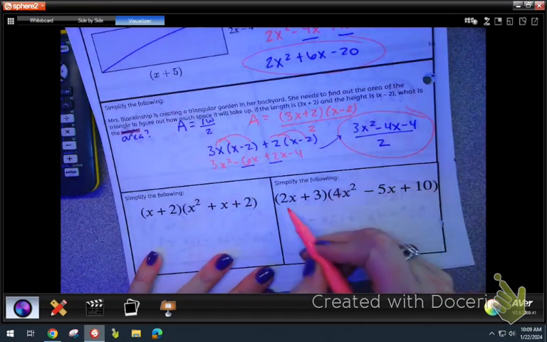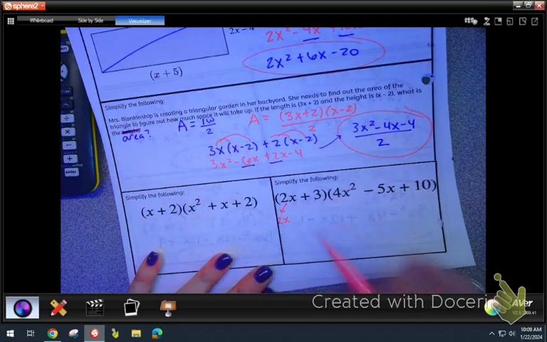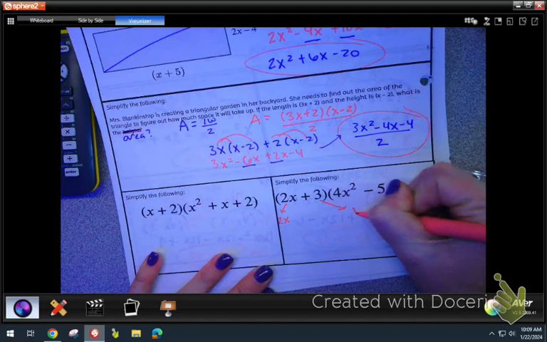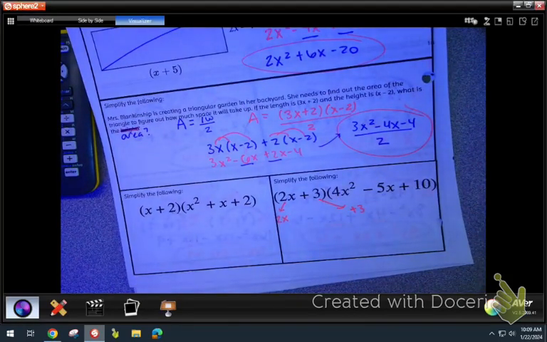Split the first term. 2x goes out here, and then I've got my positive 3 goes out here. But this time, my second term is a trinomial.